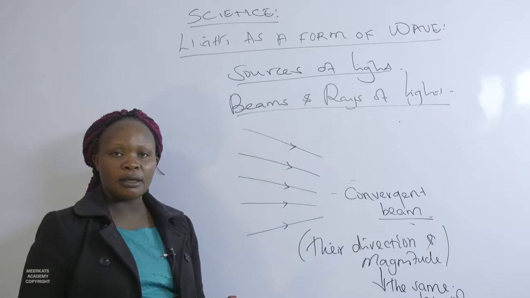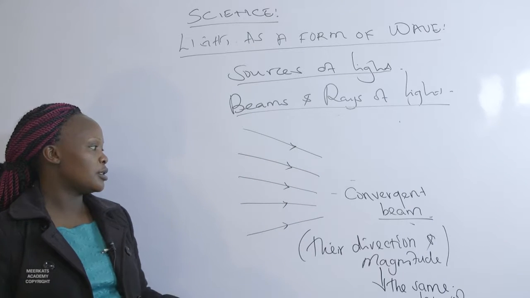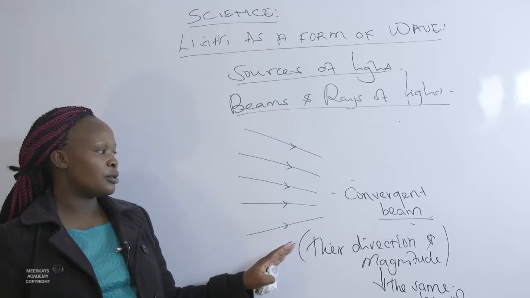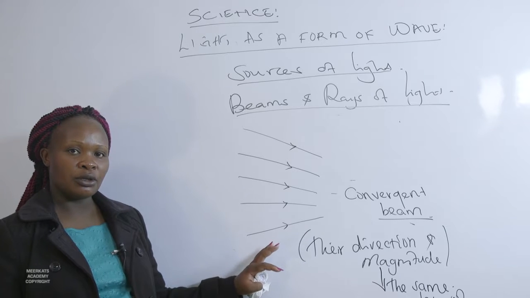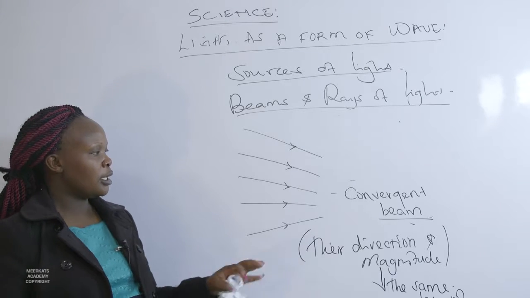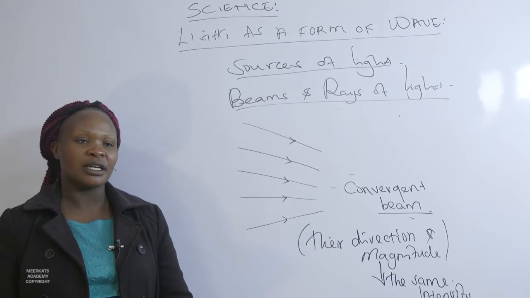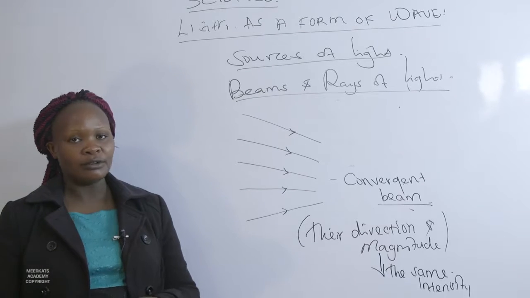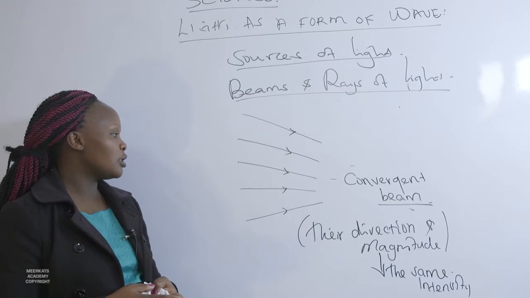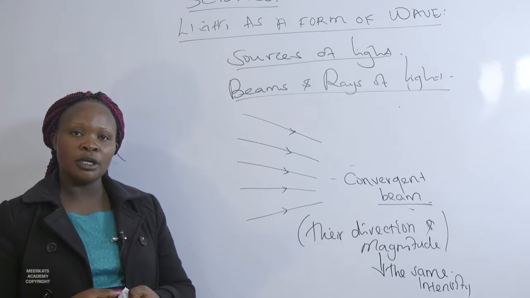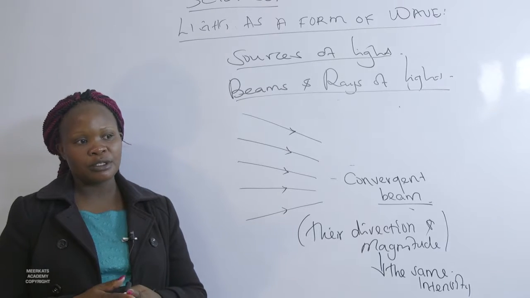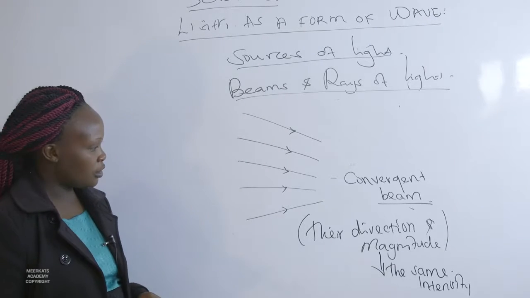That is why we claim that the magnitude is the same. How about the direction? The direction will also be very important because our beam is actually a vector quantity, and therefore for us to claim that the rays are actually equal, they will have to possess the same direction.